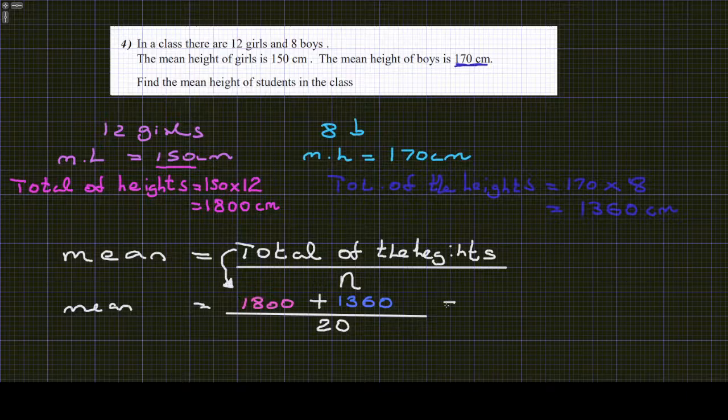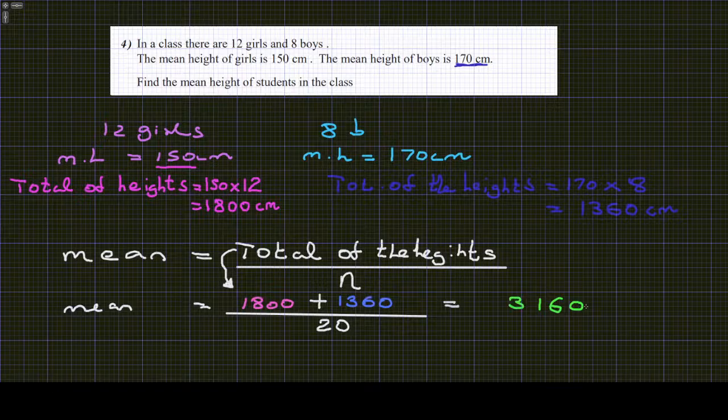So 1800 plus 1360 will give us the total of the heights of all 20 students. That gives us 0, 6, we are adding 8 plus 3 is 11, 1 remaining. That's 3160.